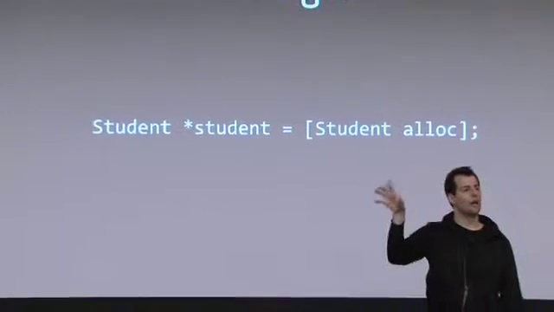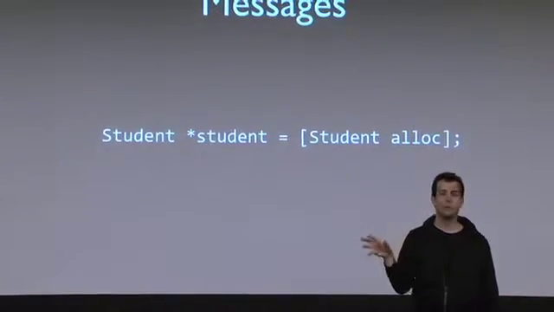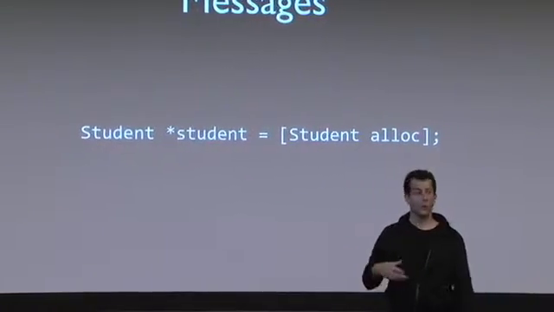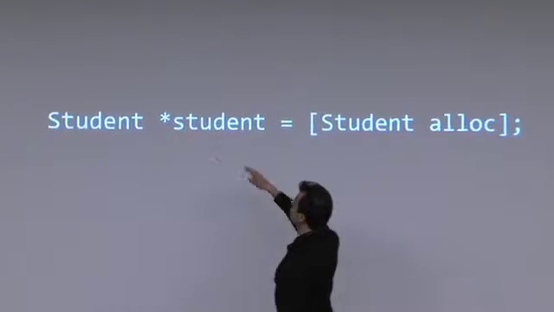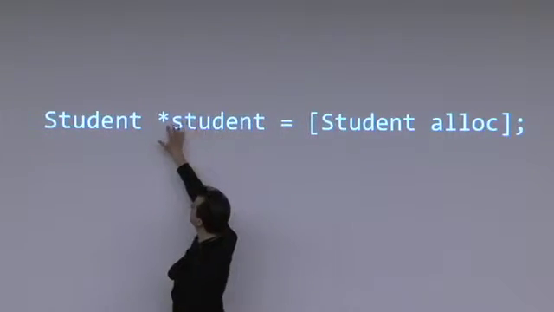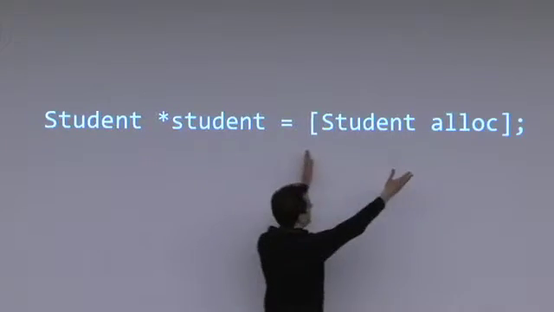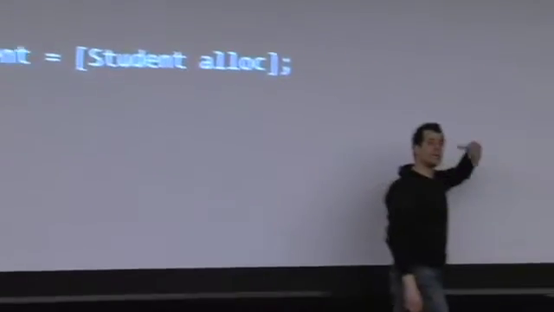But I just need to know one thing: where in memory is that object? Now, how do you talk about memory in a C program? Well, by way of pointers. So student is a variable that's a pointer to a student object. Perfect, because alloc is what's called a class method or static method that just returns to me, like a constructor would, an object of type student.